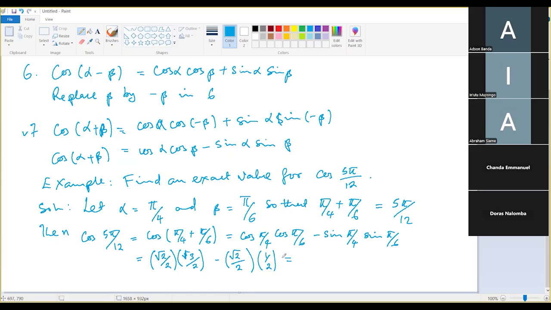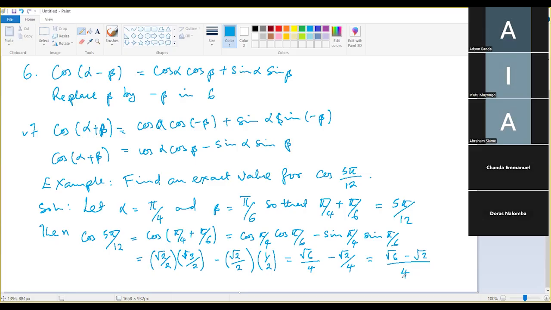So we have root 2 times root 3, which I'll write as root 6, and then divide by 4, and then minus root 2 over 4. Right, so this is the exact value of the angle that we have been given. So we write it in this way. So it will be root 6 minus root 2 over 4.